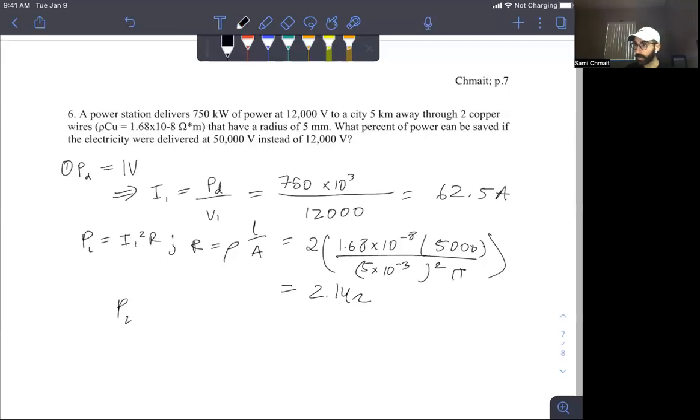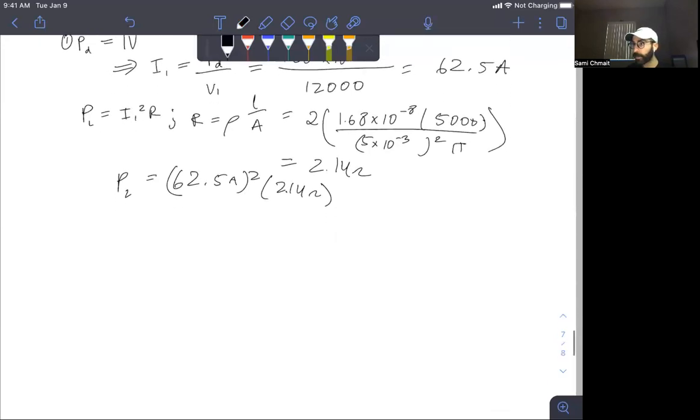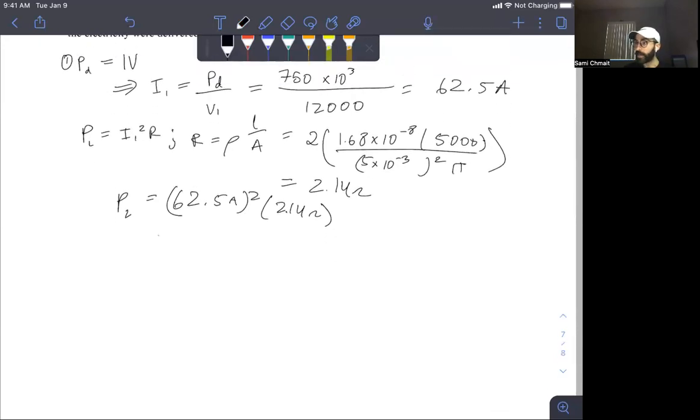We're going to now do P lost is equal to that 62.5 amps squared times that resistance value, which is 2.14 ohms. Okay. So P lost in the 12,000 volt scenario is 8,356 watts lost.